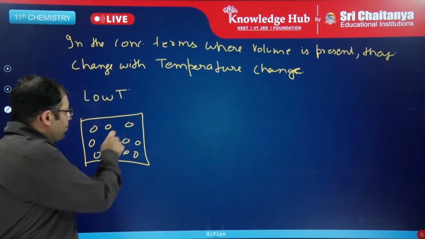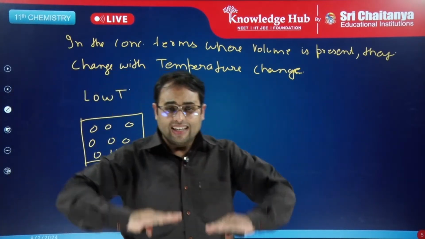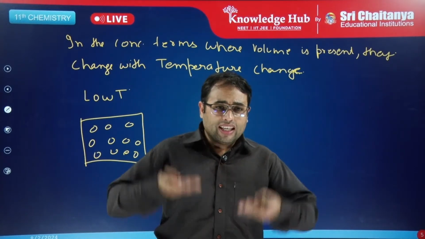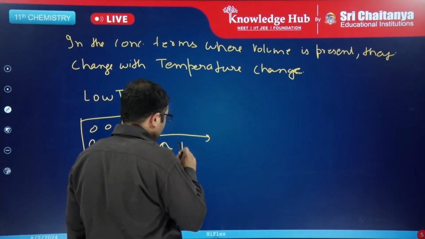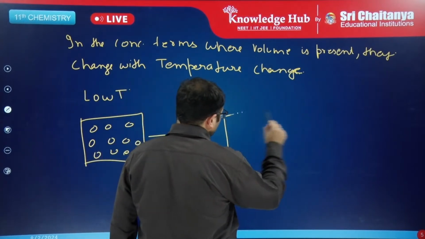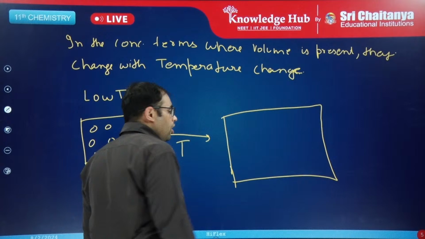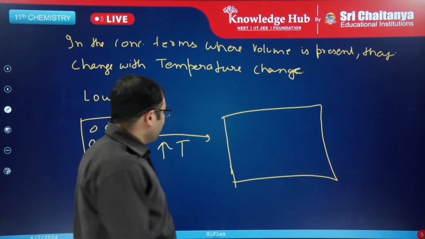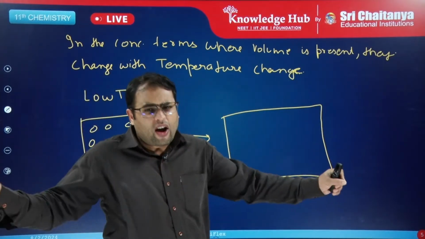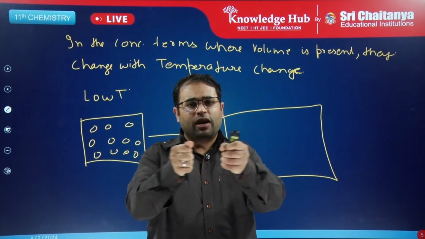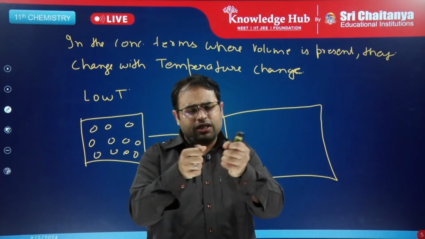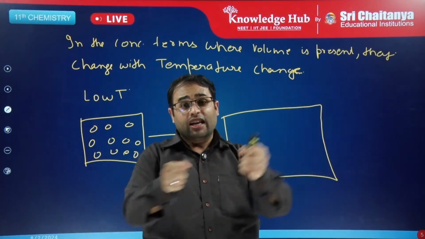At low temperature, these molecules have less energy, but when you increase the temperature, they have more energy, right? Now, because they have more energy, they will move farther apart from each other. So, earlier they were moving in this much space. Now, they have more energy, so they will move in larger space.